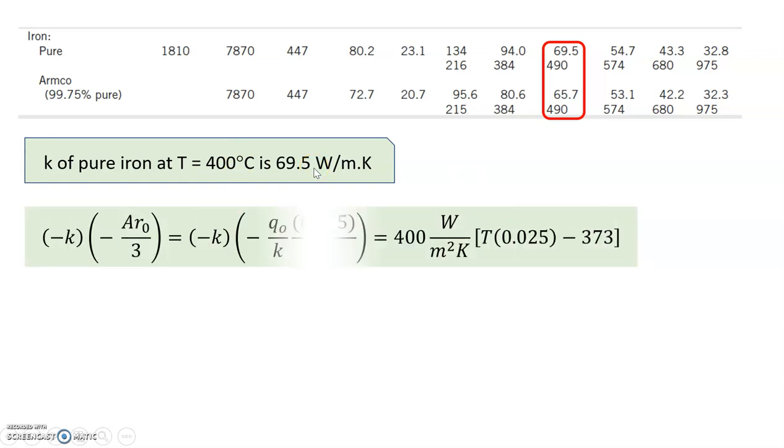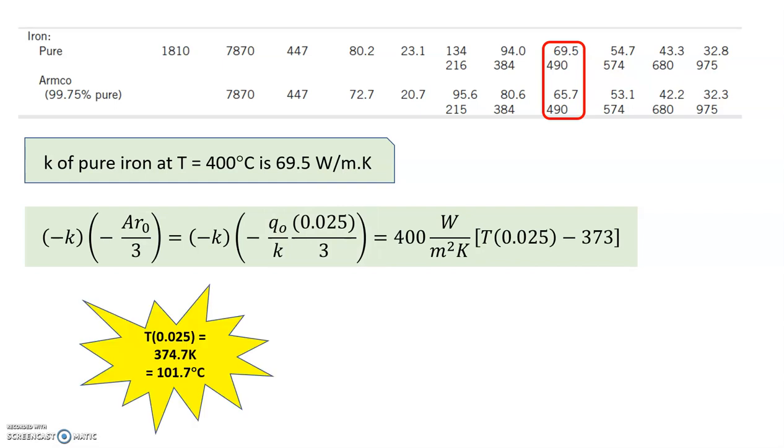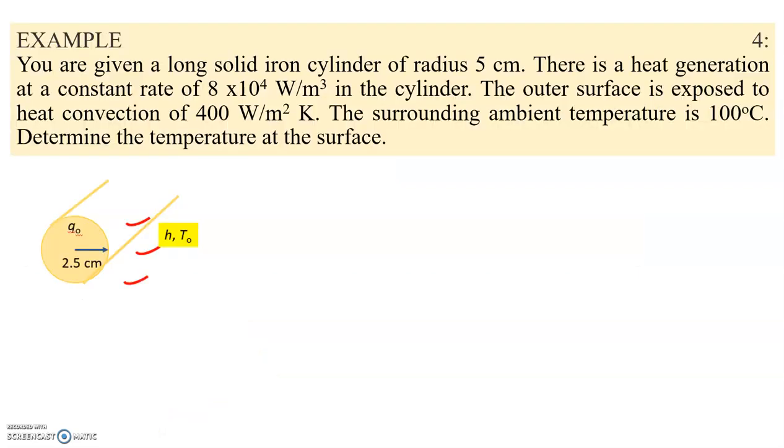So with that, substituting into my second boundary condition, I'll have my temperature on the surface of the iron ball to be 101.7 degrees C. That seems reasonable because the surrounding is at 100. It's heat being generated in the iron ball.